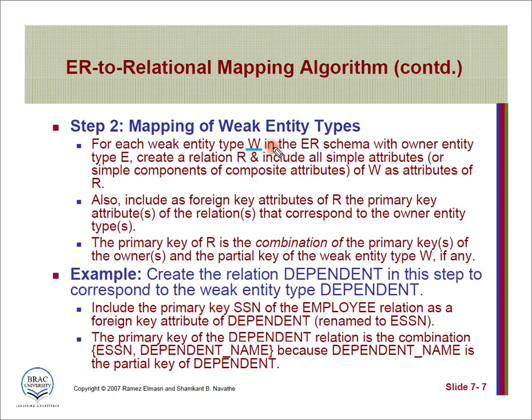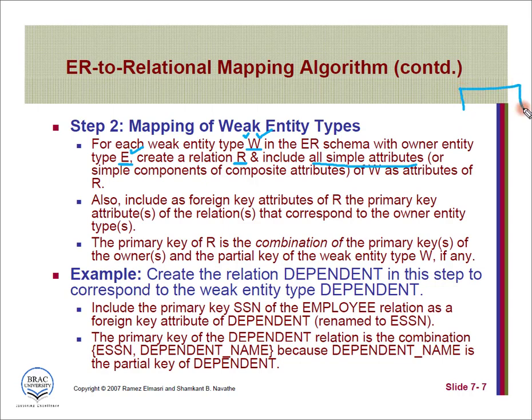Say W is a weak entity in the ER diagram, and this weak entity forms an identifying relationship with another entity E. So W is the weak entity and E is the strong entity which creates the identifying relationship with W. When you convert this W into a corresponding relation in the schema, say the relation name is R, in R we will include all simple attributes of W, and we will also include the primary attribute of E.